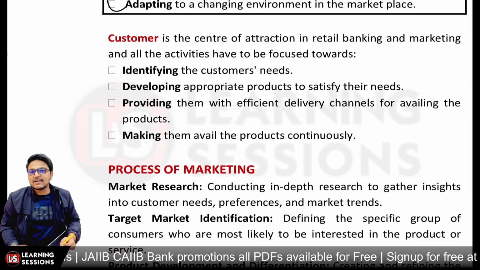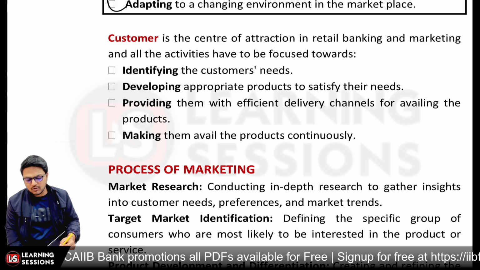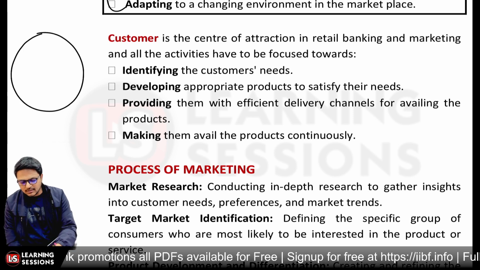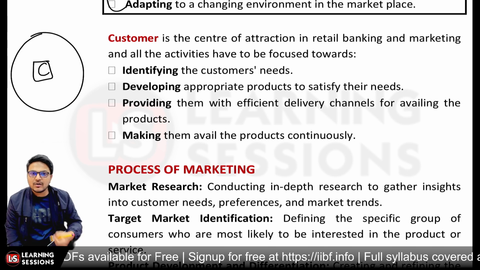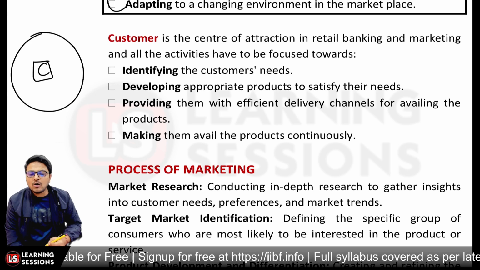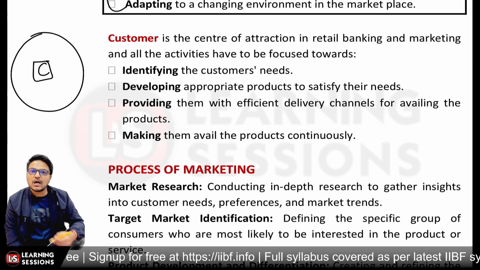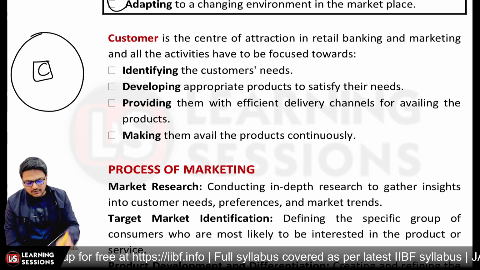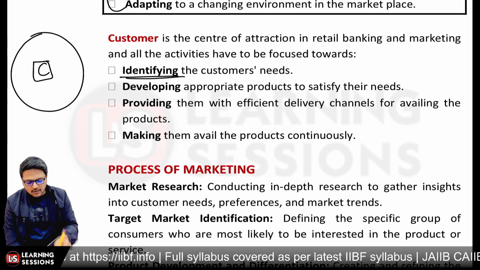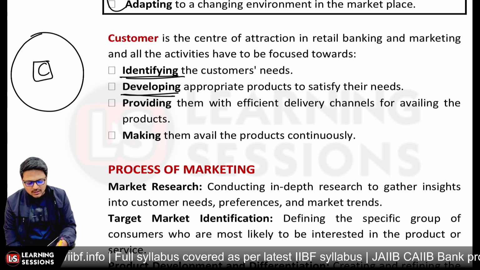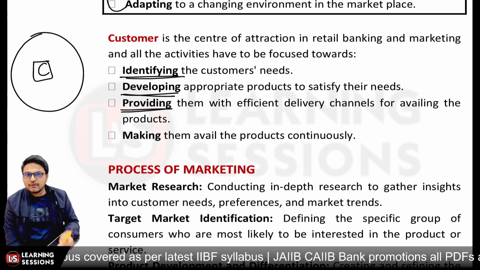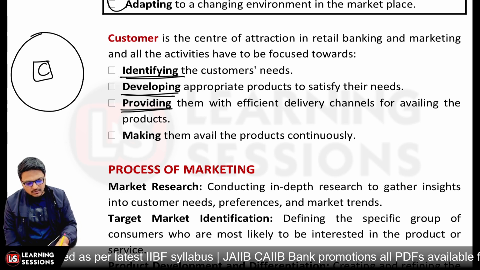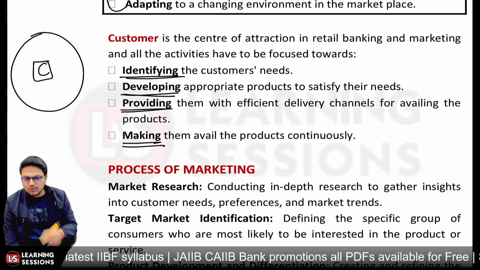And further, now let's understand the definition related to the customer. Now the customer is actually the king. The customer is the center of attraction in retail banking and marketing, and all the activities have to be focused around the customer only, because we need to identify the needs, develop the appropriate product, provide the product to the person with efficient delivery channels, and make the product available continuously to the customer.